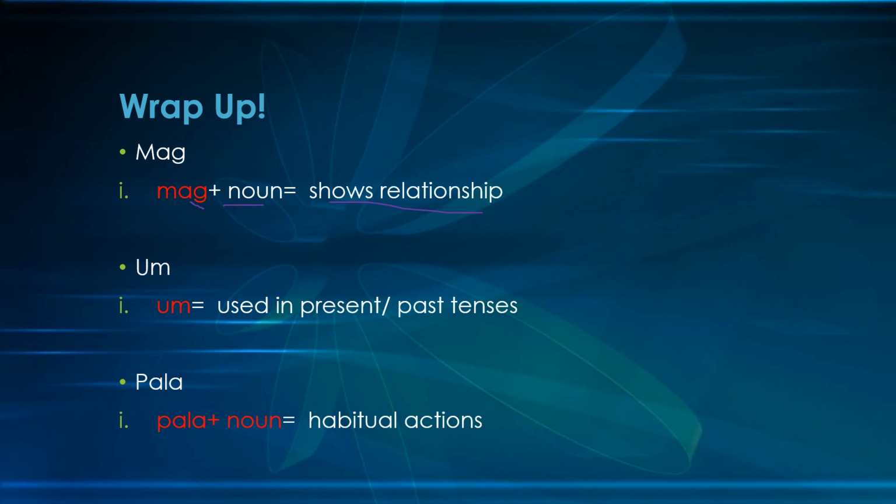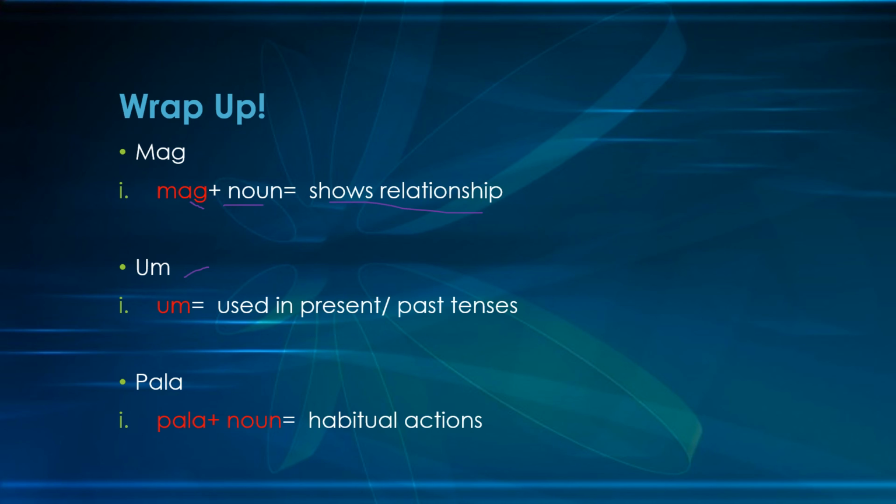Magkasintahan. They are in a relationship or they are together. Next is um, which is used in present or past tenses. So, yeah. Kumain. Kumakain. So, things like that.